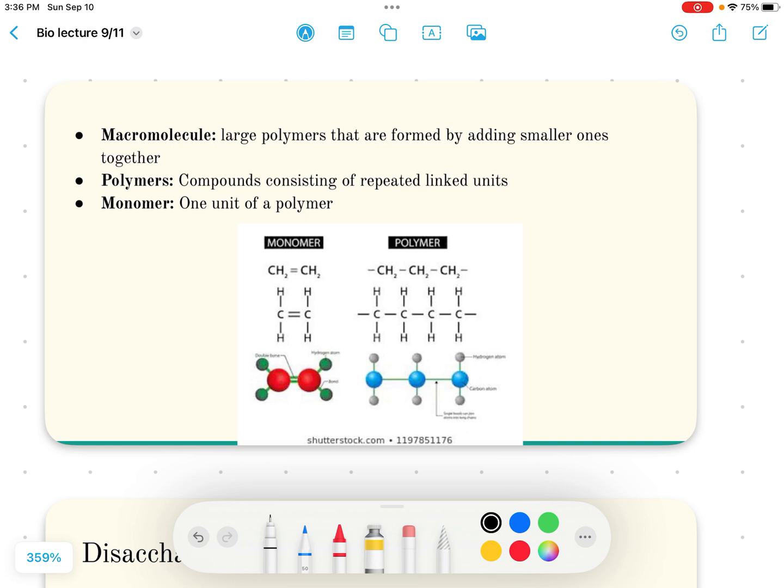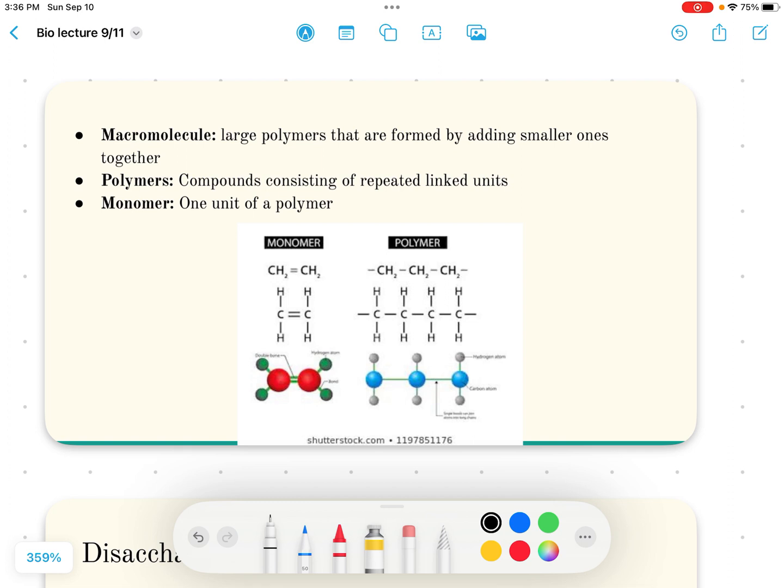When we talk about carbon, we also talk about macromolecules. A macromolecule is a large molecule formed by adding smaller ones together. We can have micromolecules or macromolecules, and macro are the largest. We often then can make polymers. Polymers are compounds consisting of a repeating unit of lengths.